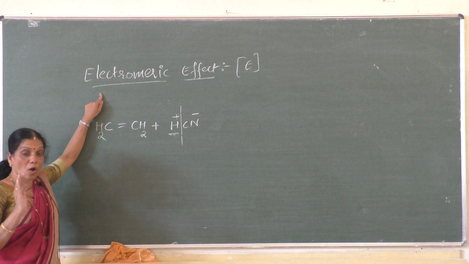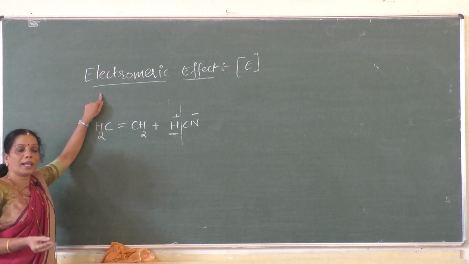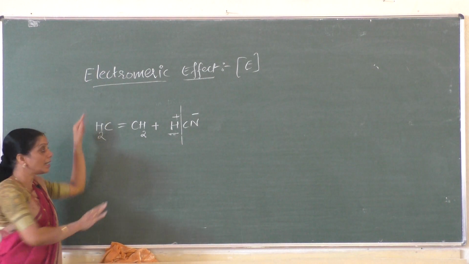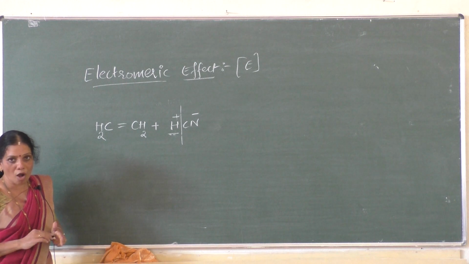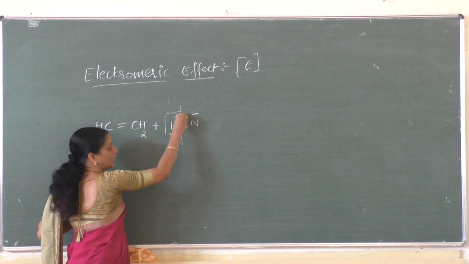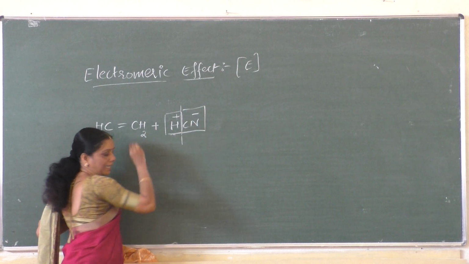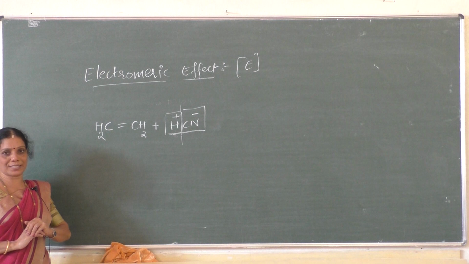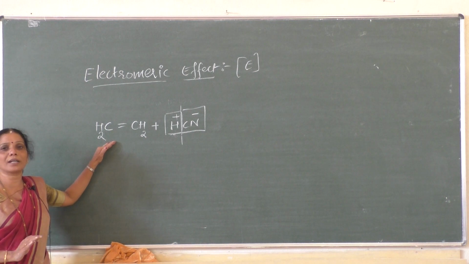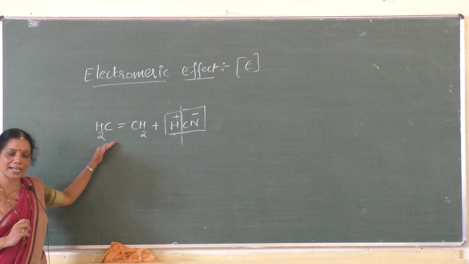The electromeric effect is not permanent for the molecule like resonance or the inductive effect. It is not permanent, it is temporary. That effect occurs only under the influence of what? Attacking agent. If there is an attacking agent, then only that effect takes place. Otherwise the molecule remains in which state? Usual state, non-polar state. Understood?